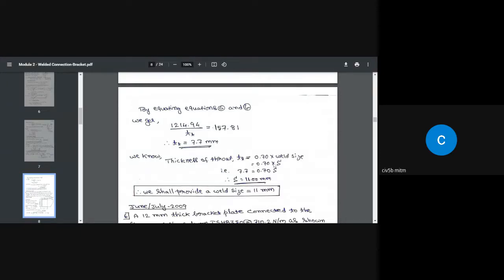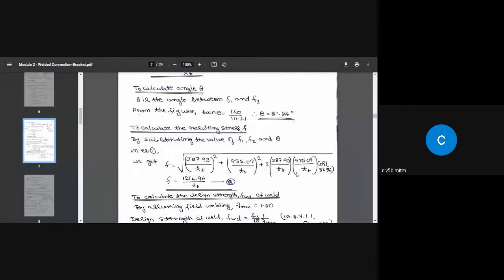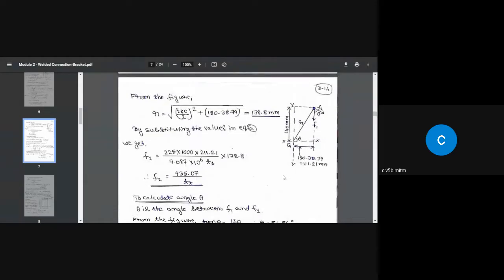That is enough for you. Once you have this, the only thing is S. Find out S. That is equal to 11 millimeter. So that is the size of the weld we need to provide to take care of the design load of Pu, whatever value it is.